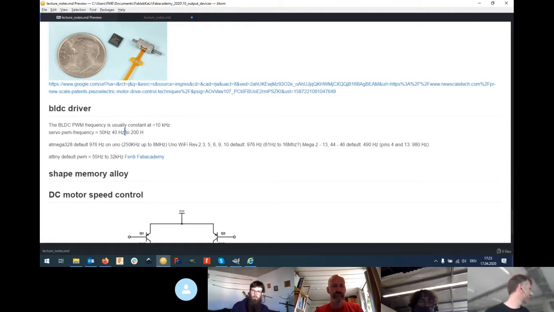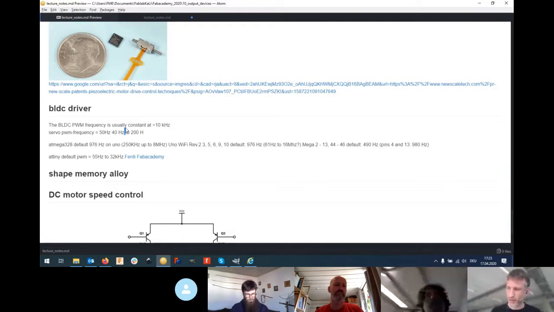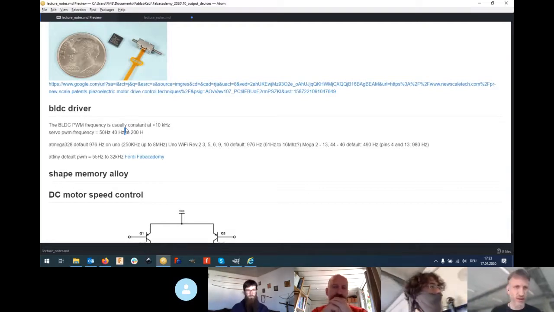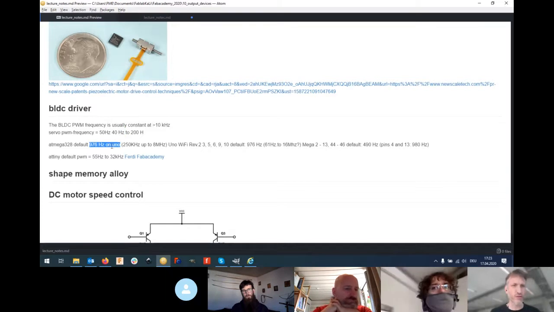So for example, right now I was fixing the little milling machine from Ahmed, and it has a brushless DC motor. The problem is that the standard library for Arduino is outputting the spindle control at the standard PWM frequency of Arduino, which is 976 hertz, which is a bit too fast.